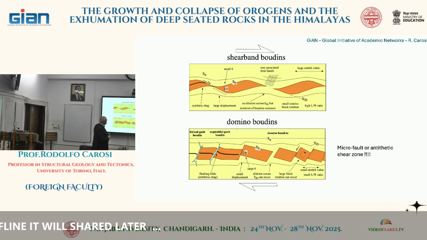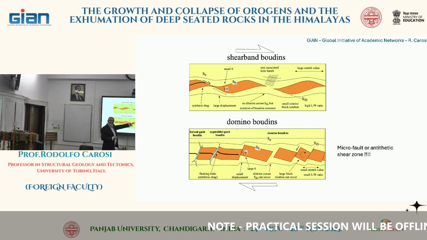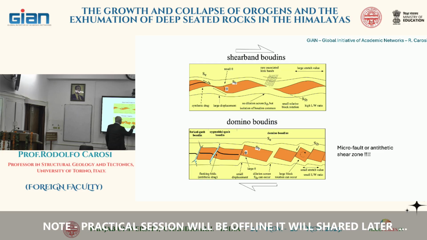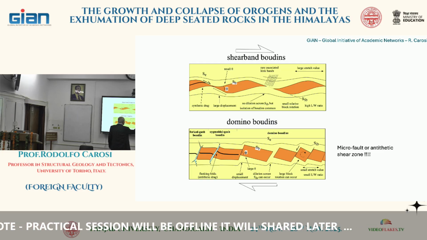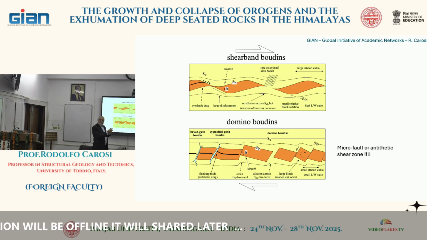The difference in shape between shear band boudins and domino boudins is that domino boudins are more similar to a square because there is a strong competence contrast between the matrix and the layer. So there is a strong fracture with antithetic rotation of the boudins, like a bookshelf.